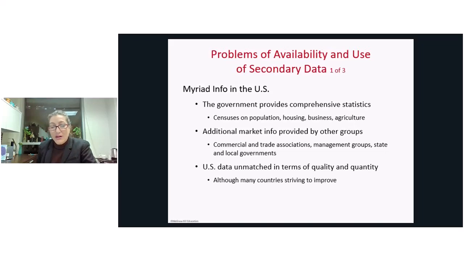Additional market information is also provided by other groups, commercial and trade associations, management groups, as well as state and local governments. So the US data that's available as secondary data is superior to many countries, but of course they're striving to improve.